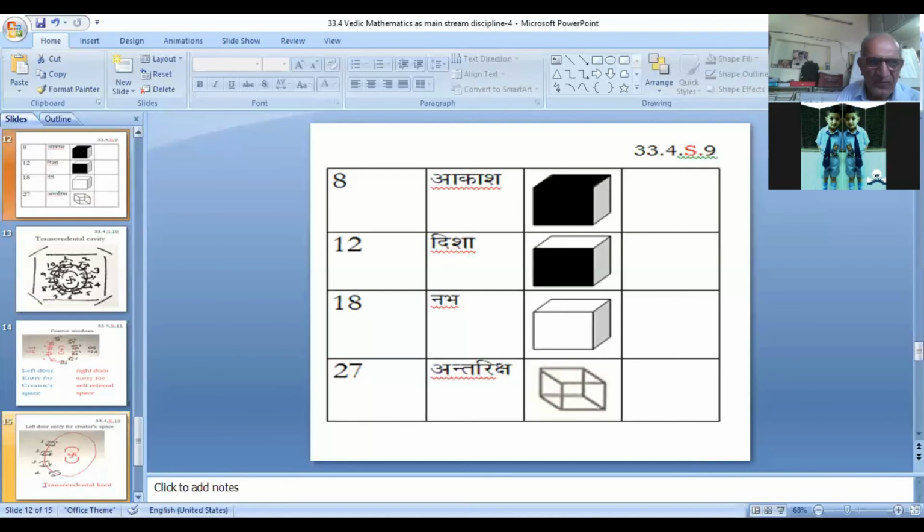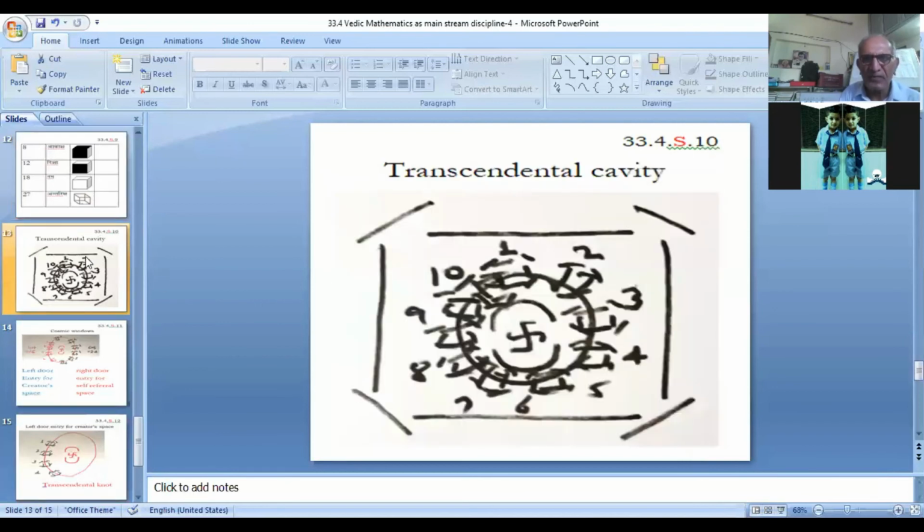It is here from where we have to confront ourselves with the transcendental cavity at the origin seat of the creator's space. We know the origin seat of the creator's space is of a transcendental feature. Five space plays the role of an origin of a four space.